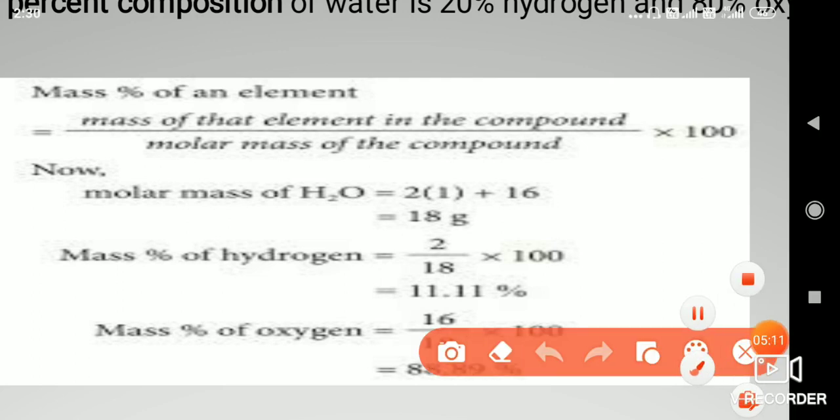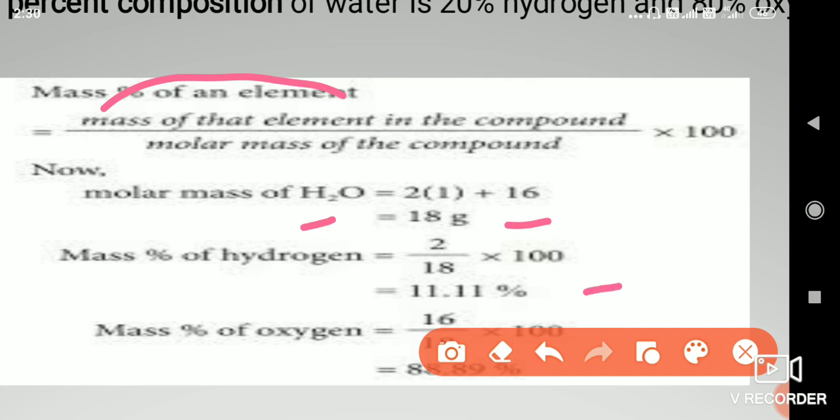First, the molar mass of H2O. There are two atoms of hydrogen and the molar mass of hydrogen is 1, so 2 into 1 plus the molar mass of oxygen, that is 16. The total molar mass of water is 18 gram. Now, to find the mass percentage of hydrogen, the mass of the element is 2 and the molar mass of the compound is 18, into 100, and when you solve, it comes to 11.11%.